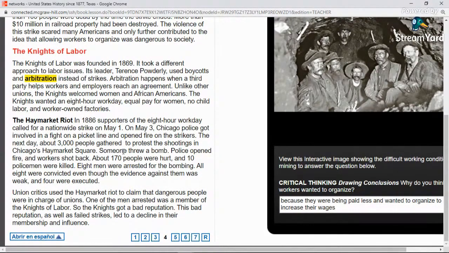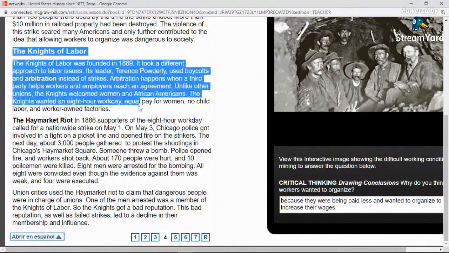And also, they accepted women and African Americans, and they asked for some very clear things: an 8-hour workday, equal pay for women, no child labor, and worker-owned factories. So this is the Knights of Labor. If I were you guys, I would take some notes on that.